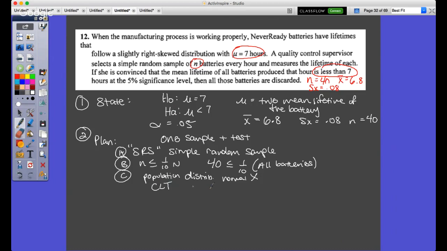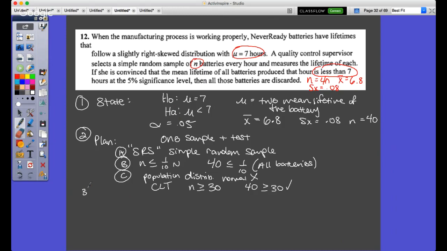The second condition is the central limit theorem, which says n is greater than or equal to 30. In this case, 40 is greater than or equal to 30, so we are good. We don't even have to go to condition 3 or say it's approximately normal with no major skewness or outliers, because once one is met, we can go on to the next one.